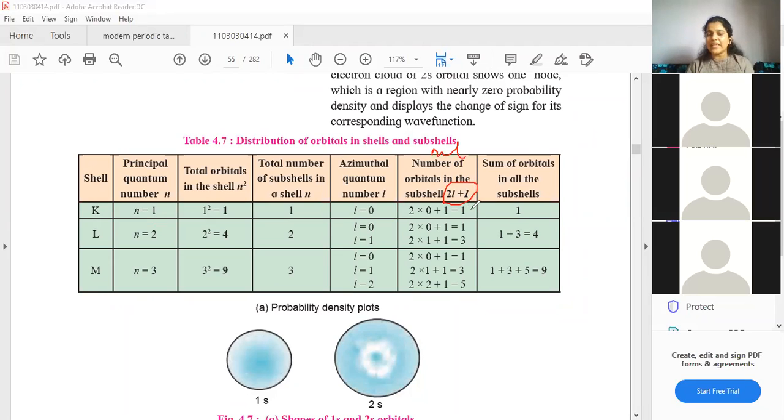Please don't get confused, because in this column they have not written the range. They have just substituted in the formula and written the values. But in exam, you can do the substitution, but when you write ml is equal to, you are supposed to write that range: 0, -1, +1, or if it is only 0 or whatever it is. I hope you are understanding this.